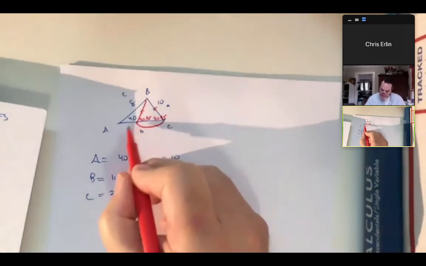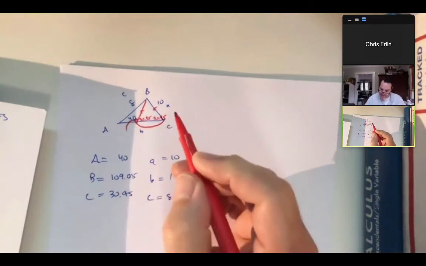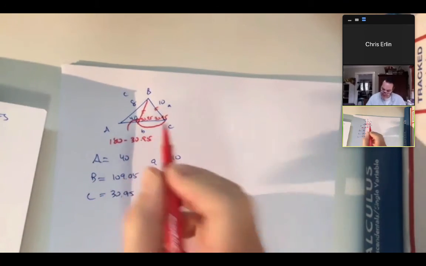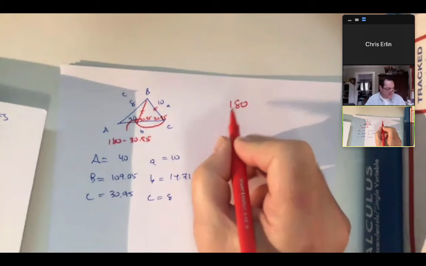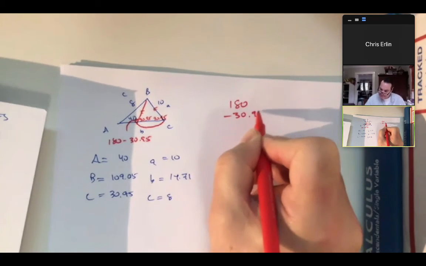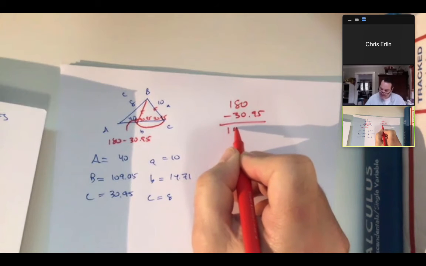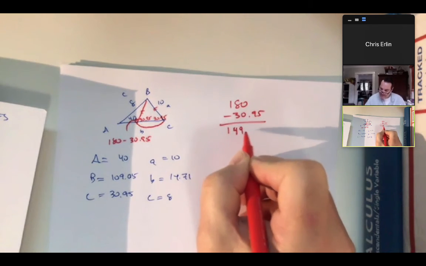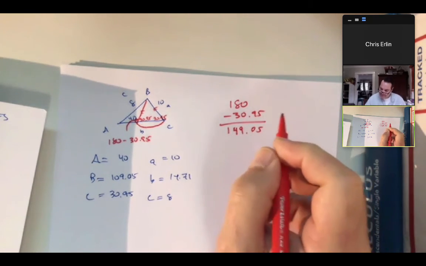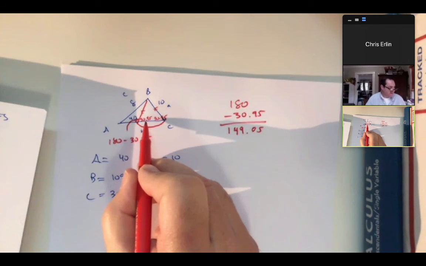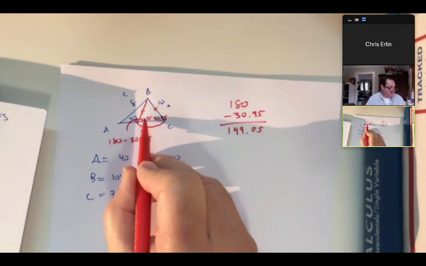What that tells me then is that this angle inside here would have to be 180 minus 30.95. And if I do that, what I end up with is 149.05. So in other words, if this angle were 149.05, then this would be 30.95 because they're supplementary.